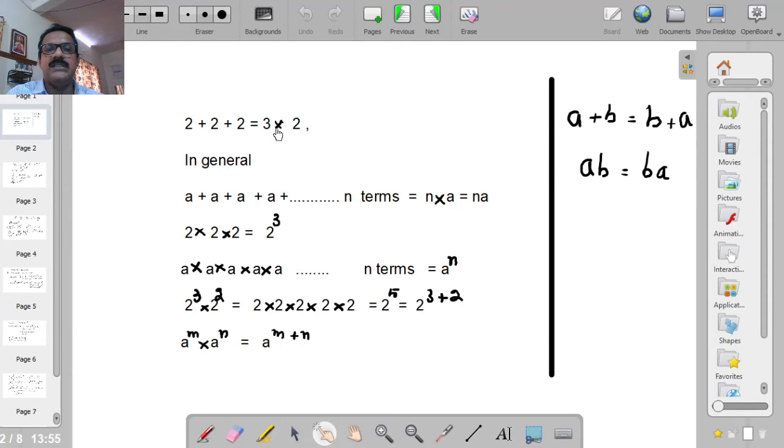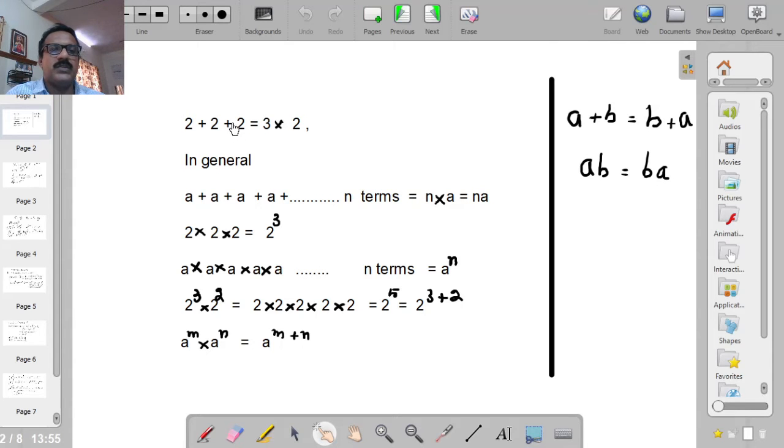3 is an operand, 2 is an operand, and multiplication is the operator. The order in which the operands occur is immaterial. So 3 into 2 is equal to 2 into 3. So multiplication is commutative.